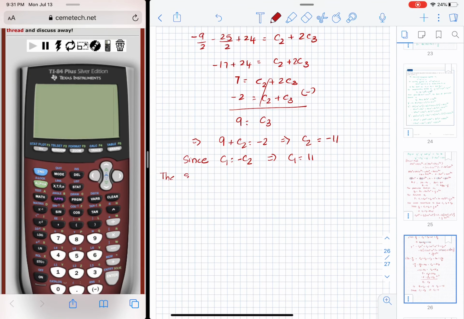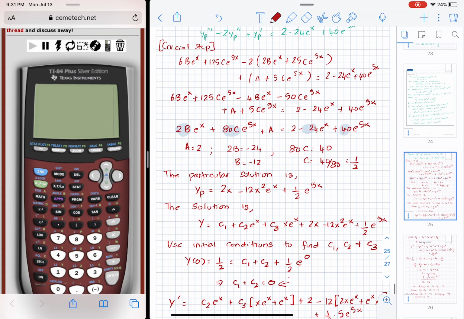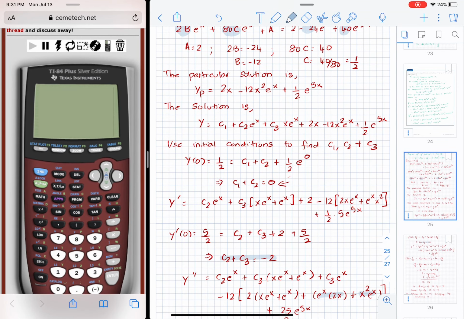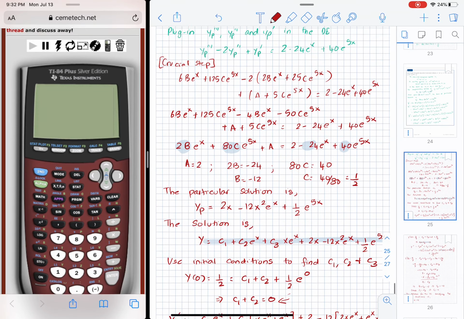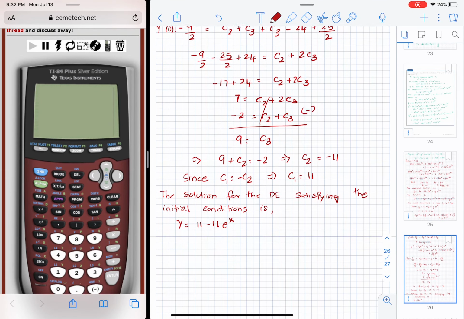Therefore, the solution for the DE satisfying the initial conditions is y equal to c1, which is 11. We are plugging it here. c2 is minus 11. c3 is 9.